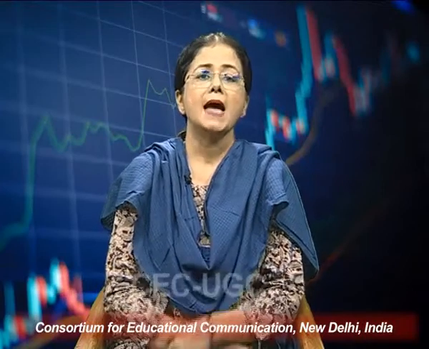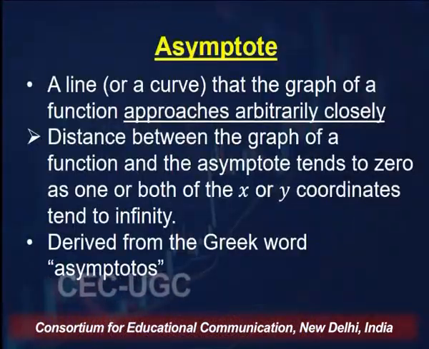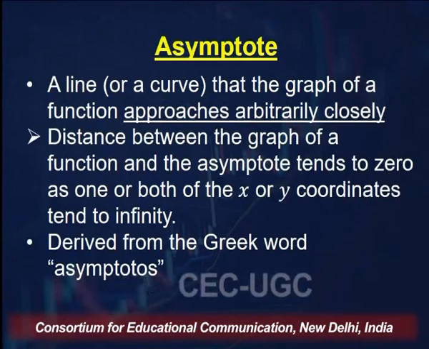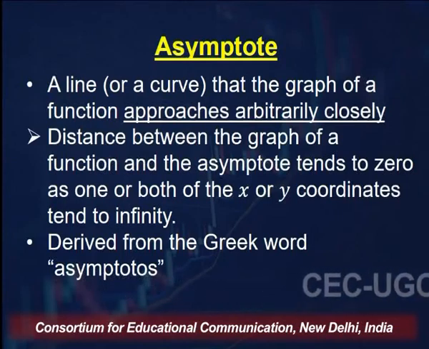In fact, the definition of the asymptote has changed over different periods of time. If you look at the history, the word asymptote is derived from the Greek word asymptotos, which means non-intersecting. But do remember that this is something we'll be modifying as we proceed in this course, because taking it as non-intersecting may be a bit misleading.